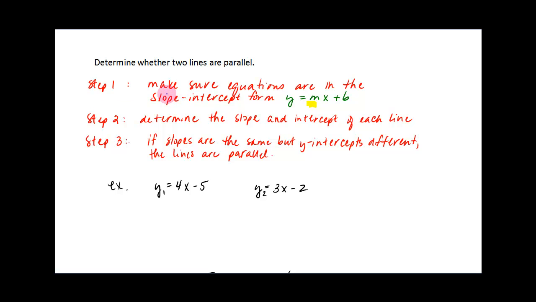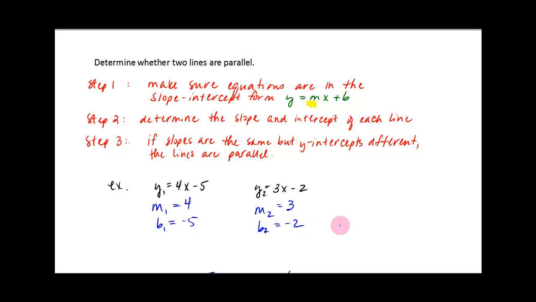Well, since my lines are already in the slope-intercept form, y equals mx plus b, I'm going to move on to step number 2, which says to determine the slope and the intercept. So my slope for this first one, m1, is equal to 4, and my intercept, b1, is equal to negative 5. On the second line, we'll call this m2, the slope of the second line, my slope is 3, and my intercept is equal to negative 2.